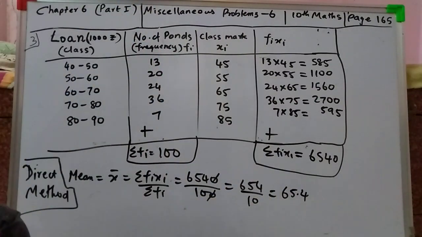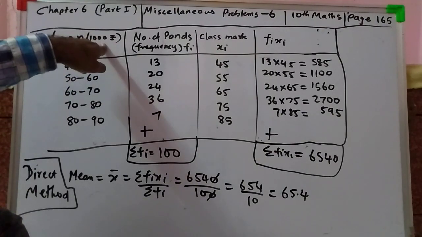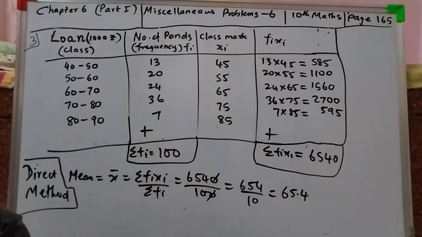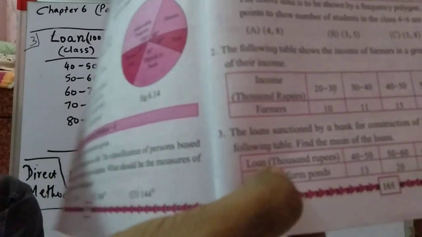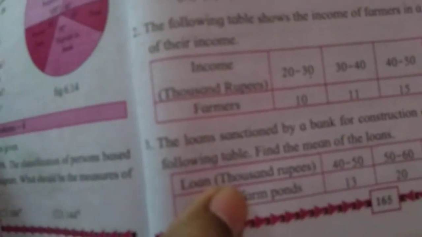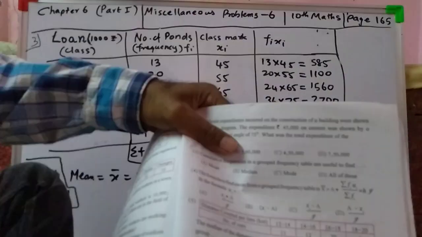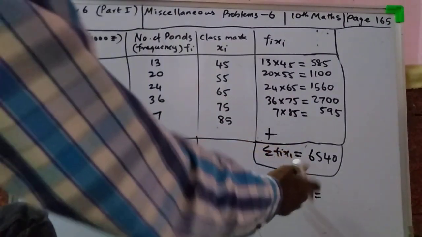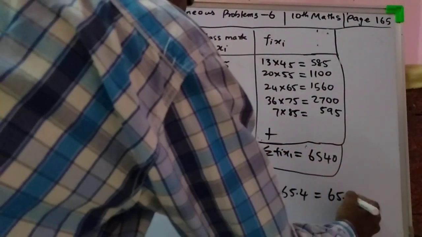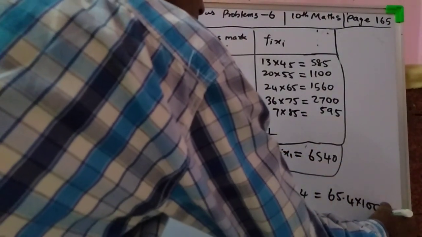65.4. But here 1000 is given, meaning you have to multiply. So multiply 65.4 into 1000.